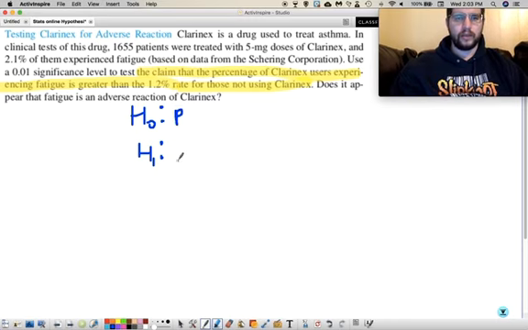P is our parameter here, greater than 1.2%. That's going in the alternative. And let me write it as a decimal, 0.012.